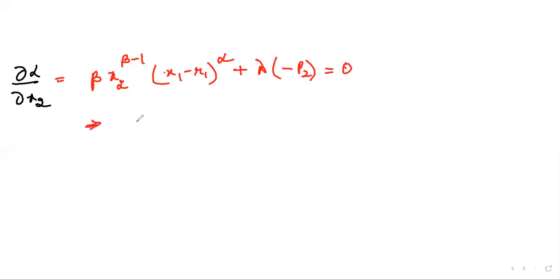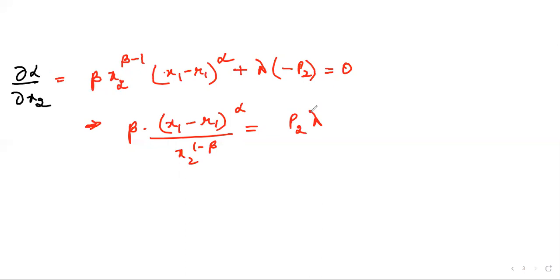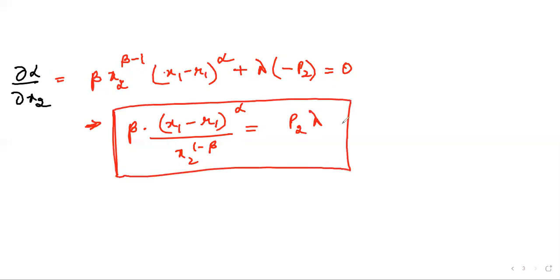So you solve for this and you get beta into (x1 minus r1) to the power alpha upon x2 to the power 1 minus beta is equal to P2 into lambda. This becomes your second equation. This is equation number 2.